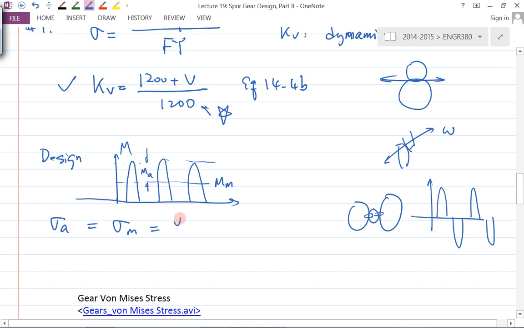Let's say the maximum sigma here is the Lewis bending normal stress, using the formula there. So you can use 1/2 times Kv, times Wt over P over F times Y.